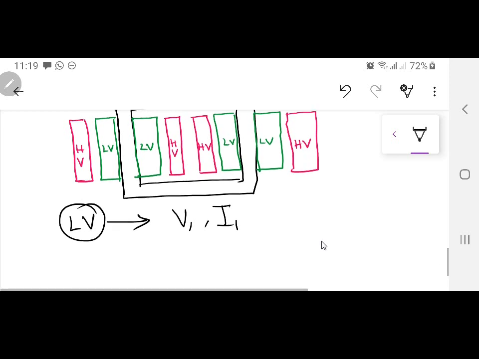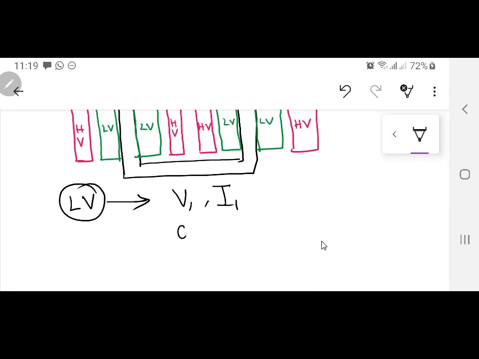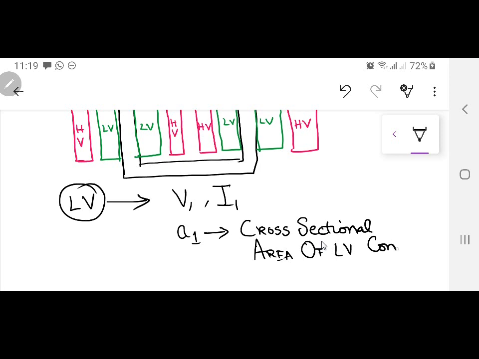And I will be using A1, which is the cross-sectional area of the low voltage conductor, by which I mean the size of this conductor. The more common unit is millimeter square.